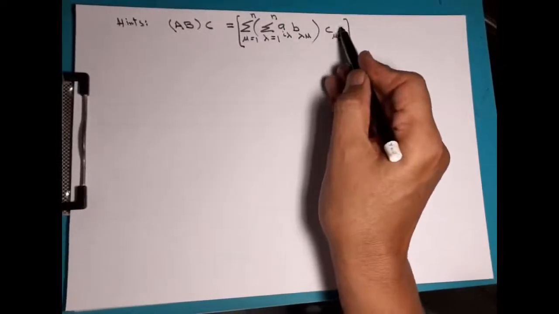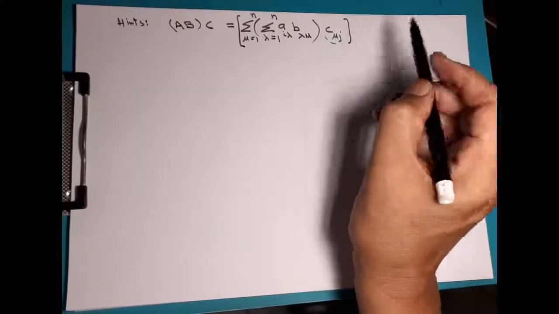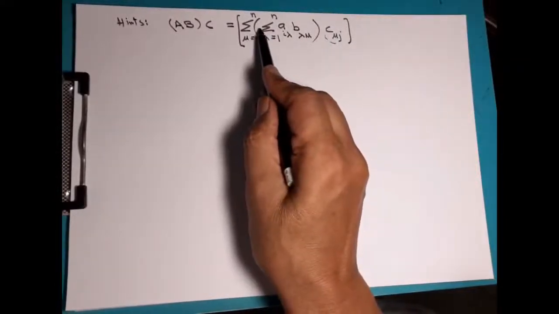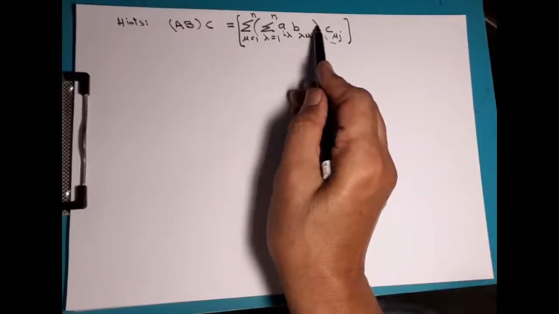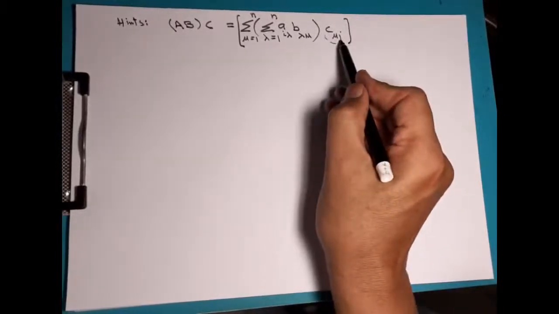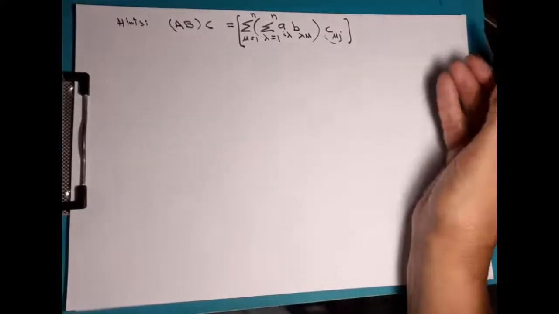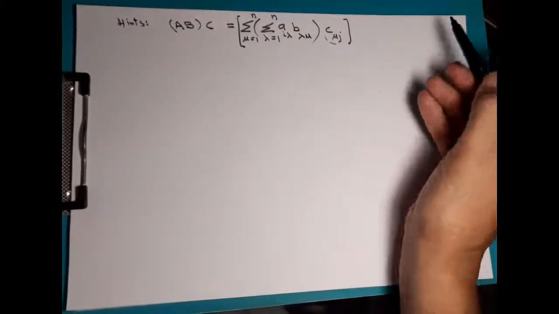So this is jth column of C, and this is ith row of AB. If you pay a little attention, you can see it very easily.